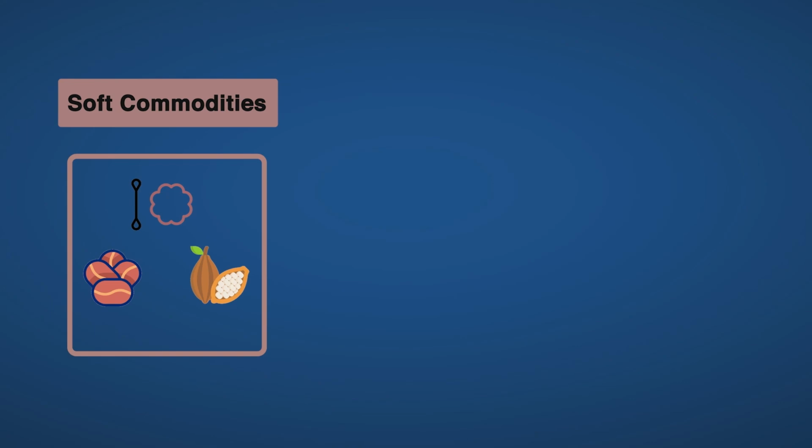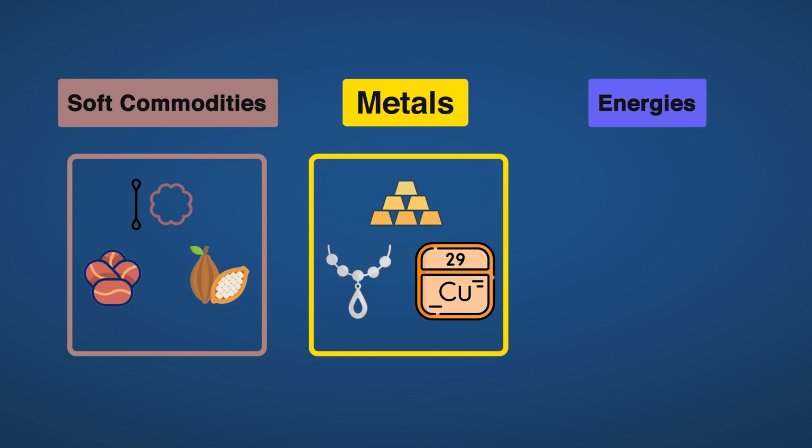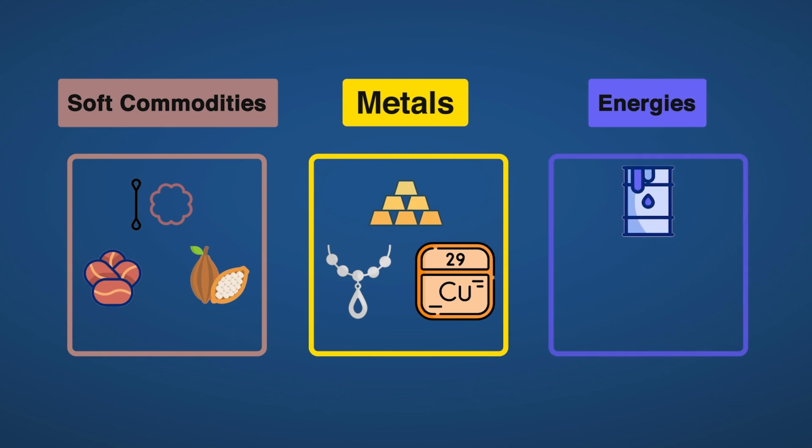Then you have metals, which includes gold, silver, copper, and platinum, etc. And finally, you have energies, which includes the likes of WTI oil, Brent oil, and gas. These commodities drive the world.